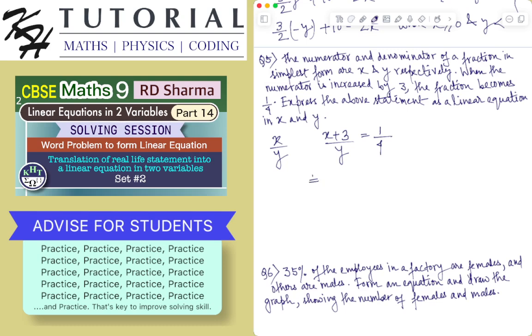If I do cross multiplication, I have 4 into x plus 3 is equal to y. Expanding the left hand side, I have 4x plus 12 is equal to y, and in the standard form the equation becomes 4x minus y plus 12 is equal to 0. So this is the linear equation formed in the two variables x and y.